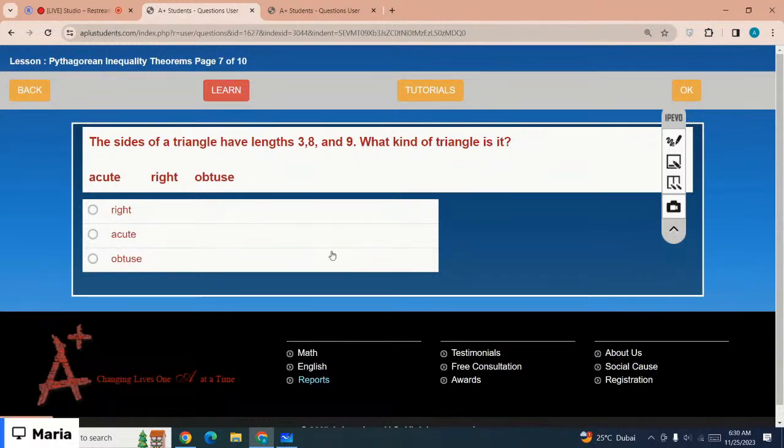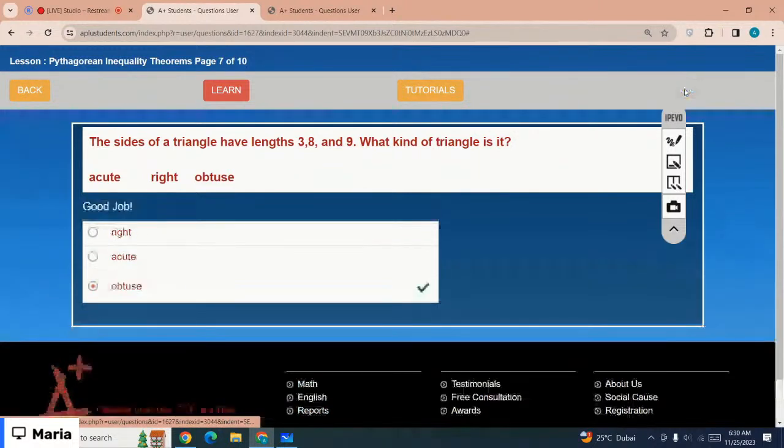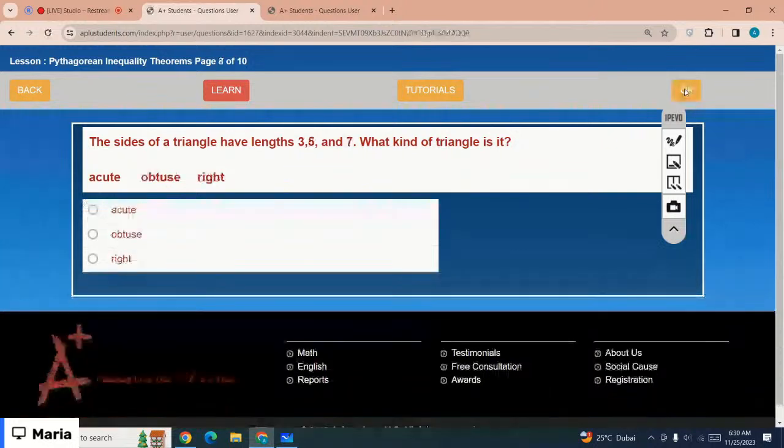The correct option is obtuse, it is right. That is again the obtuse triangle, right?